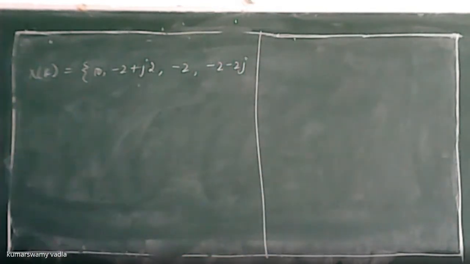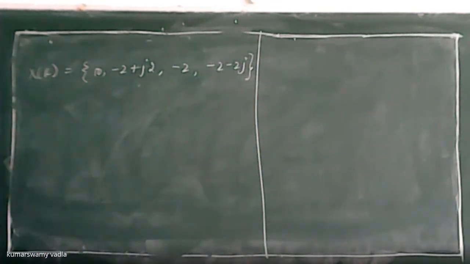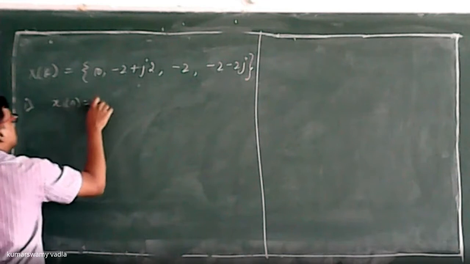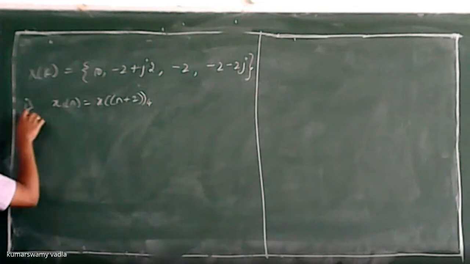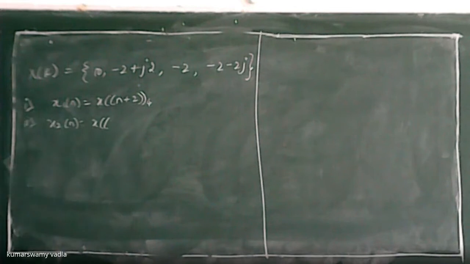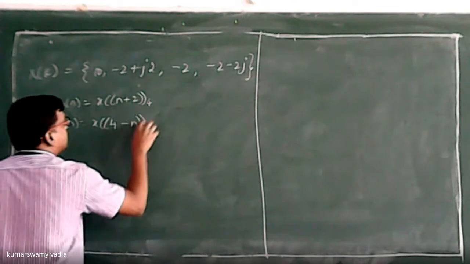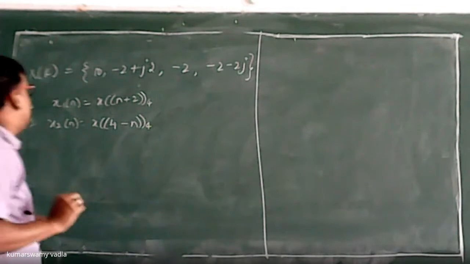For this X of k, you should find two things as the sub-questions given in the question. x1 of n is equal to x of (n plus 2) mod 4, and x2 of n is equal to x of (4 minus n) mod 4, right?